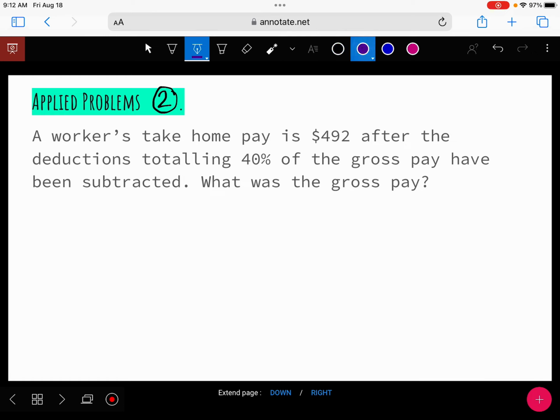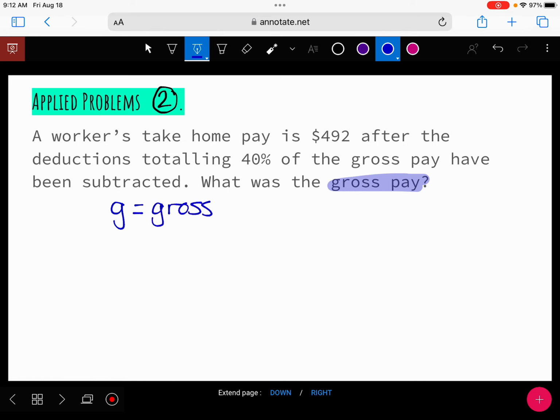So first things first, figure out what is our variable. What is it we don't know? The gross pay. That's going to be my variable. You can use whatever the heck symbol you want. I tend to use something vaguely relevant. So like you could use G is gross pay.